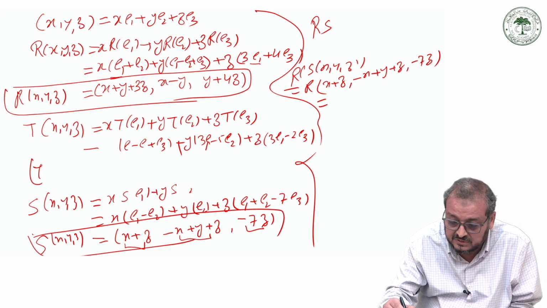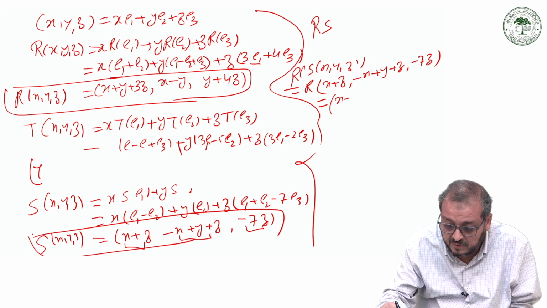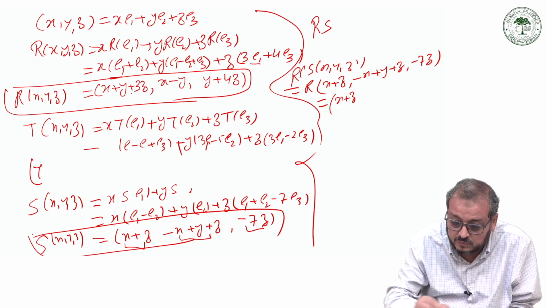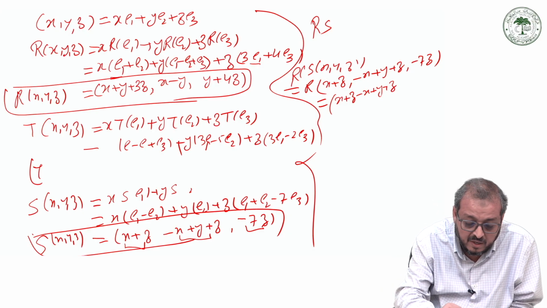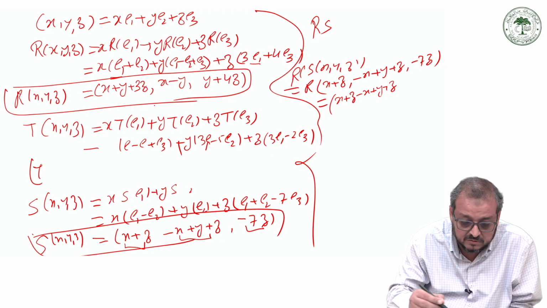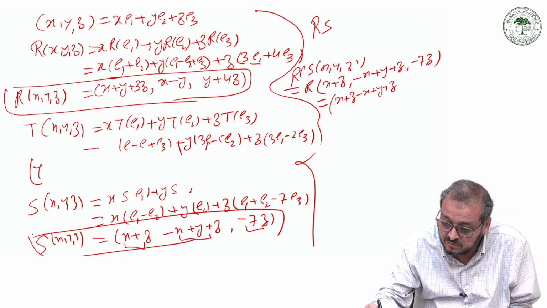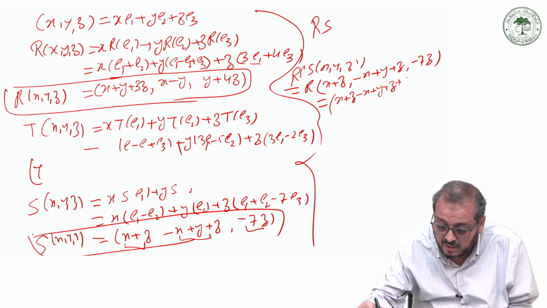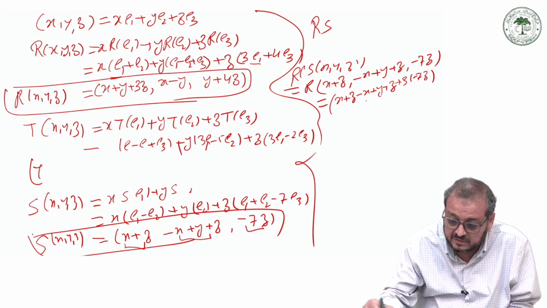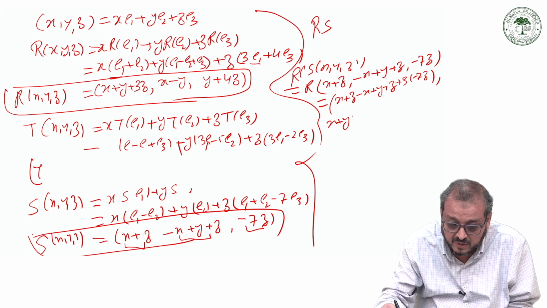R is x plus y plus 3z. So for x we have x plus z, and then plus y, so minus x plus y plus z, and then plus 3 times minus 7z. The next term is x minus y, so x plus z minus minus x plus y plus z.